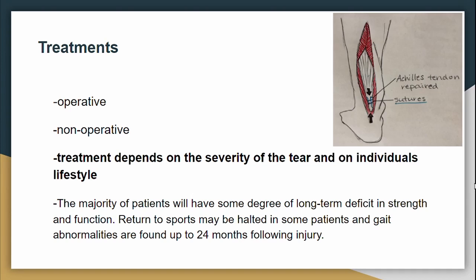There are treatment options. We have operative treatment options and non-operative options, dependent on the client and on the severity of the tear. Operative treatments are more often considered for high-demand active individuals, whereas a sedentary patient is more often encouraged toward non-operative treatments.